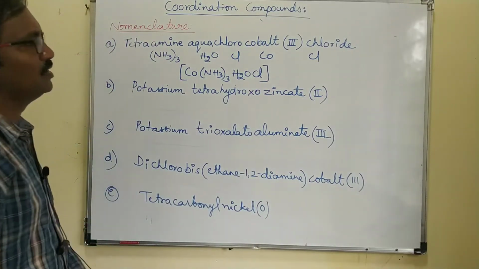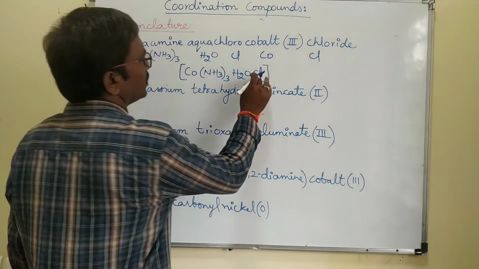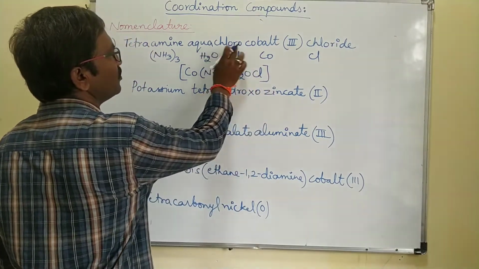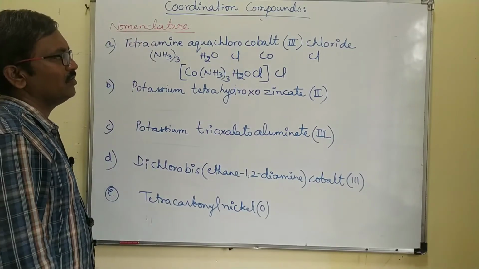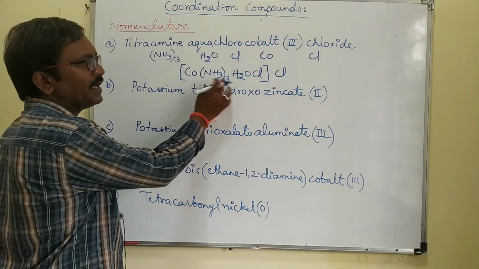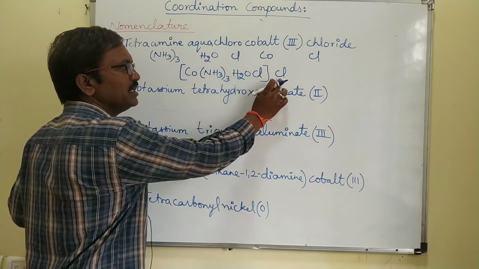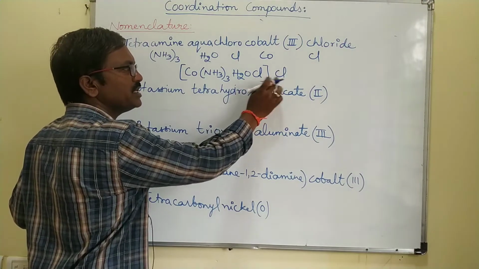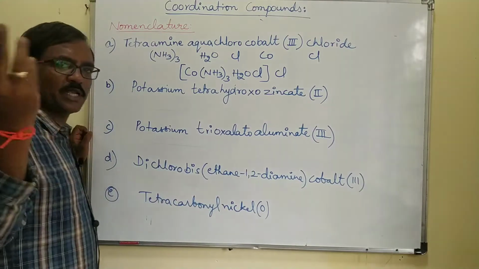right? So dichloro, it is only a single chloro. If you write only one chloro, what is the oxidation state of cobalt? NH3 is a neutral ligand, water is a neutral ligand, Cl has a negative charge, this Cl also has a negative charge, minus 1, minus 1, that becomes minus 2, cobalt becomes plus 2.